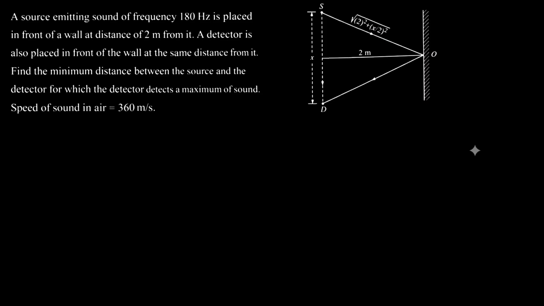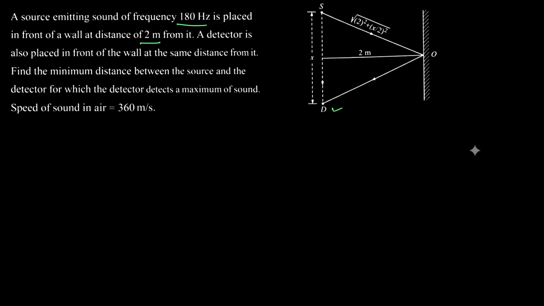This is the numerical, and here they are asking: a source emitting a sound of frequency 180 hertz is placed in front of a wall at a distance of 2 meter, means this distance is 2 meter, and a detector is also placed in front of the wall at some distance from the source.